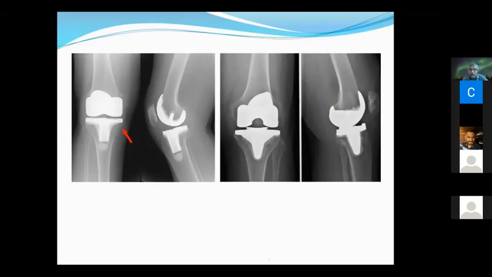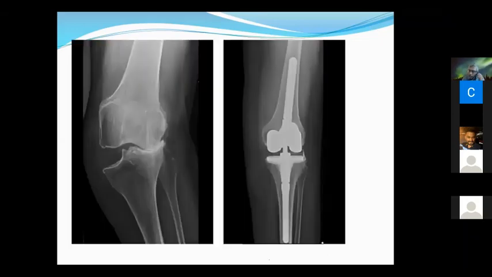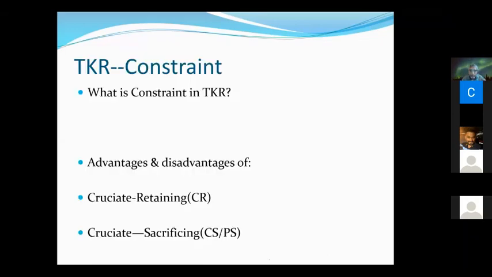What are you trying to achieve by having so many designs? So what do you understand by constraint in TKR?